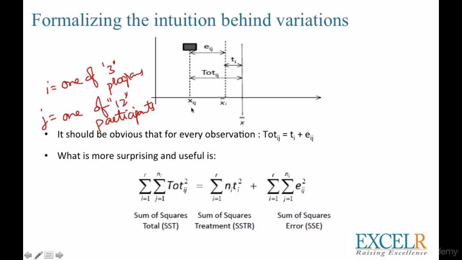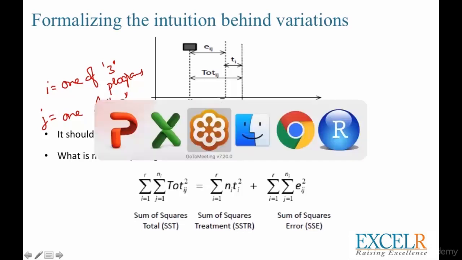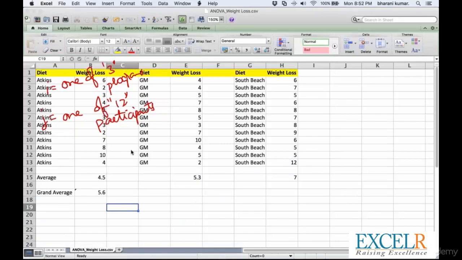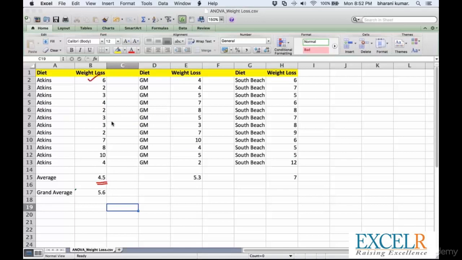The weight loss of each person would not be exactly same as the average weight loss of that group. What do you mean by that? The average weight loss here is 4.5 kgs. Weight loss of any of these people is not exactly equal to the average. Most often than not, it won't be. So the weight loss of one individual is 6. It is not equal to 4.5.